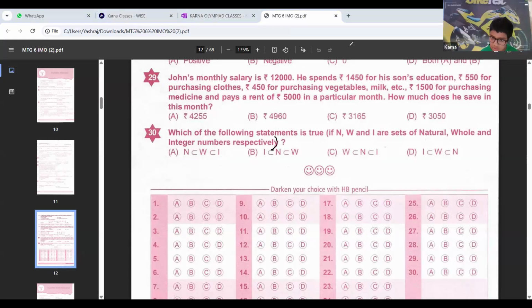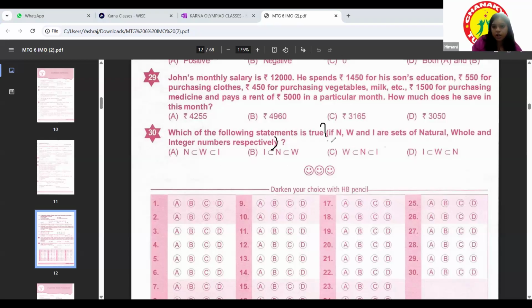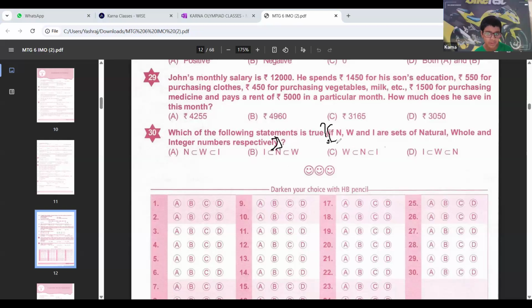Which one of the following is true if N, W and I are sets of natural, whole and integer numbers. They are asking which of the following is true. Then after this, whole is bracket. Ma'am, but if N, W and I are sets of natural, whole and integer numbers, how do we know the answer?